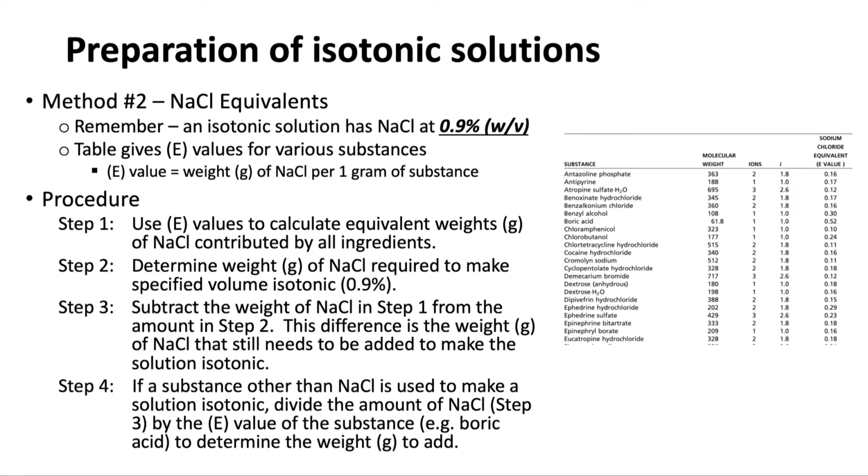Well, the first thing we would do is use the table here and actually calculate the equivalent amount of sodium chloride contributed by each of our active ingredients at whatever concentration they need to be in the solution to work therapeutically. So again, this could be for multiple drugs or a single drug, whatever drugs we have that we need therapeutically. Based off of their concentration, we use the E value to determine their relative contribution of a sodium chloride equivalent.